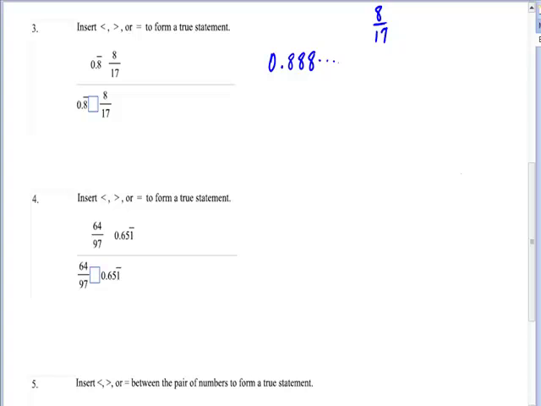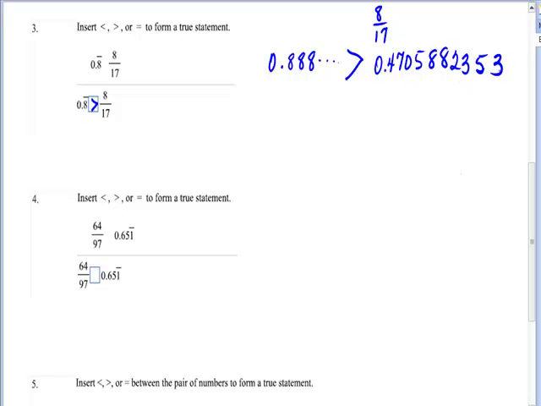8/17, it's going to be a repeating decimal. 8 divided by 17. Oh, it's very different. I get 0.4705882353, and I'm not really seeing if I can tell what the repeating pattern is, but I don't even need to see the repeating pattern because I see something different immediately in the tenths place. 0.8 versus 0.4, the 0.8 is greater than, so I will use a greater than symbol.